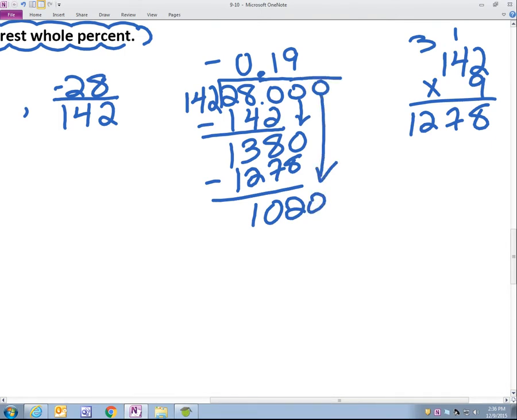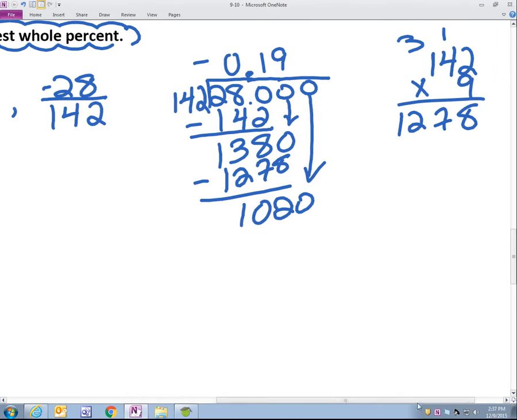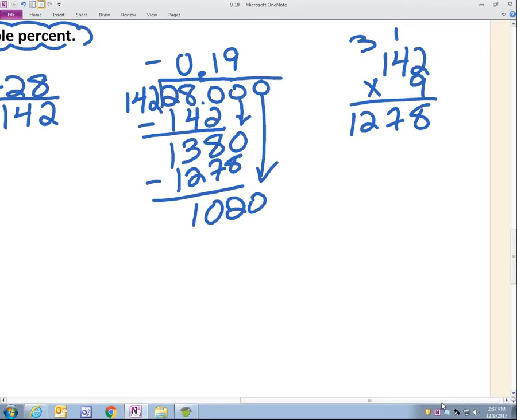Another one coming down. Okay, I need to do just one more. The percent: part divided by whole equals the decimal percent.